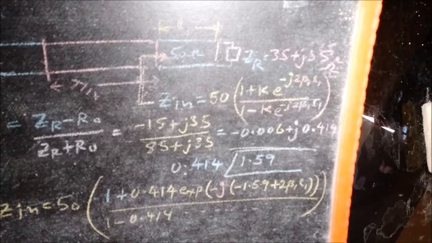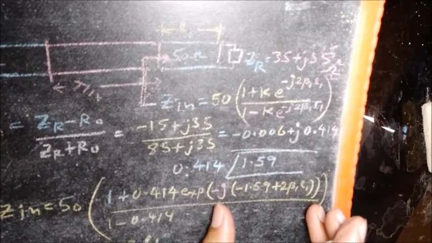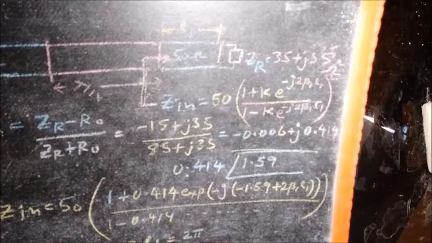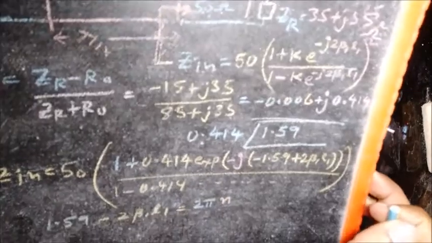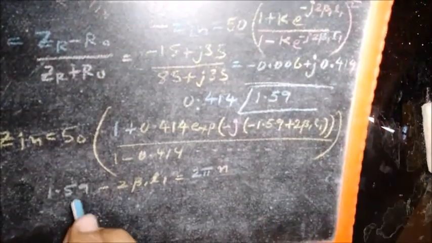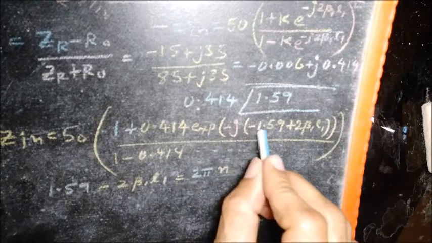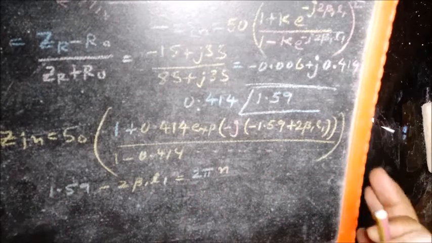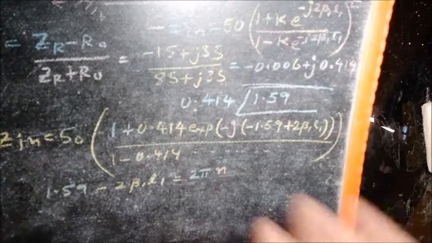1.59 minus 2 beta 1 L1, that is the phase, e raised to j (1.59 minus 2 beta 1 L1). If this is 2 pi into an integer, so I'll write that integer as n, if it is 2 pi into n, we have achieved it, or we can make Zin purely real.